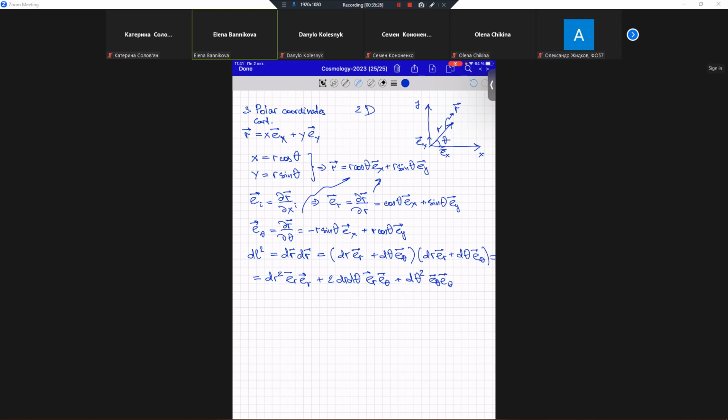So in this case, we can see that in a polar system, we will have the following components of the metric tensor. The g rr.